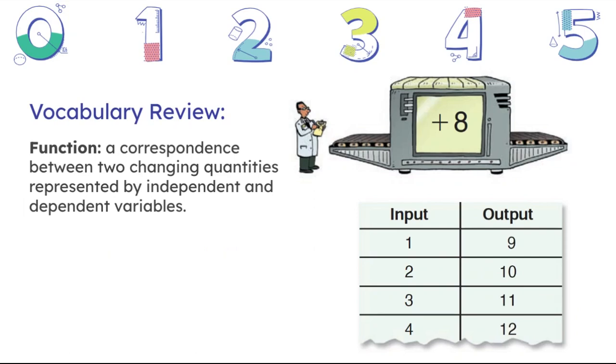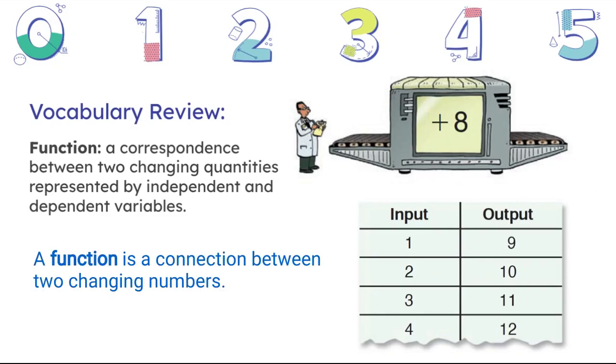So it's a connection. What does quantities mean? Well, it just means amounts, or in this case, just the numbers, okay? So the numbers represent the quantity or the amount or the value, okay? So we can say a function is a connection between two changing numbers, but we know that those numbers represent an amount of something, okay?